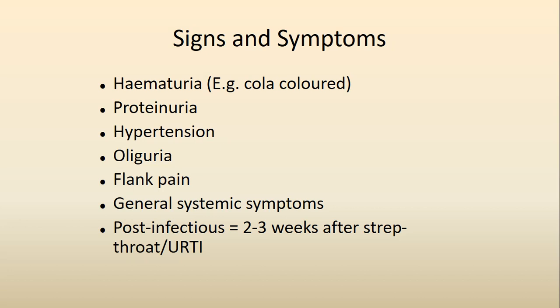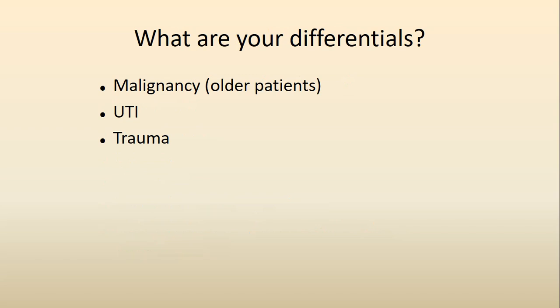If the throat infection occurs but the hematuria appears after 2 to 3 weeks, it is most commonly post-infectious glomerulonephritis. Differentials: malignancy in older patients, UTI, and trauma.